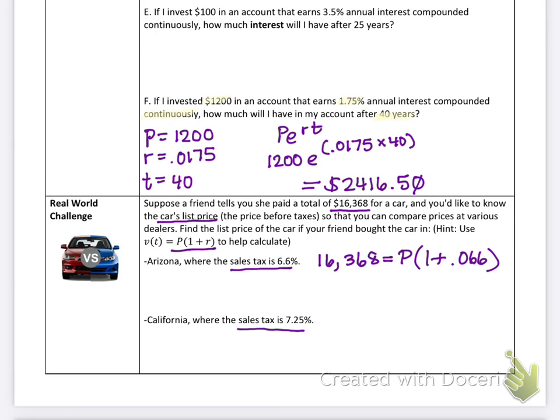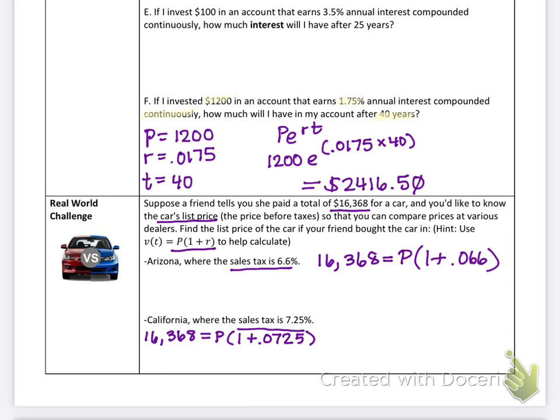And you can set up the California one just exactly the same, except the difference with the California one and the Arizona one is that your rate is going to be different. So we're still solving for P, but instead of the 0.066, we're going to have 0.0725. Okay.